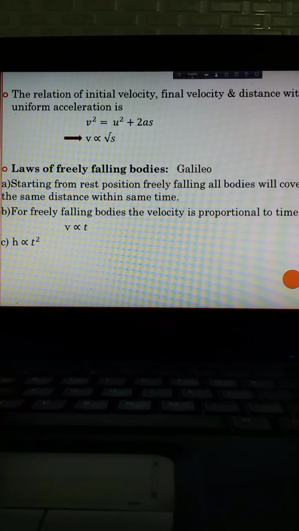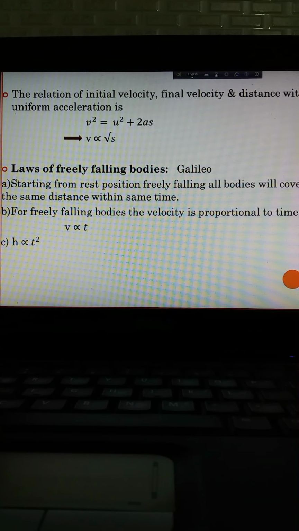Second law, for freely falling bodies, the velocity is proportional to time t. If the freely falling bodies just cover a distance within time t, and if their velocity is v, then the relation between velocity v and time t is proportional.